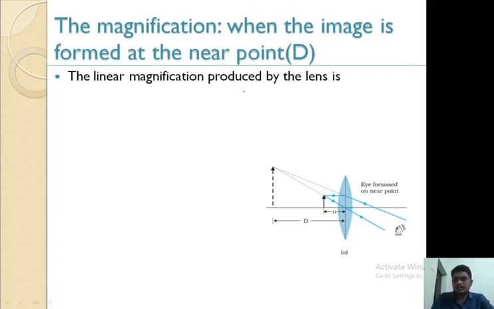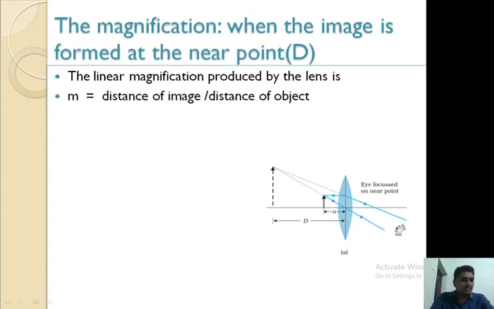So what is the formula to find linear magnification? It is the ratio of size of image to size of object, or distance of image to distance of object. Where the object is located, here it is placed close to the lens, below the focus. Only then will you get the magnified image on the other side.